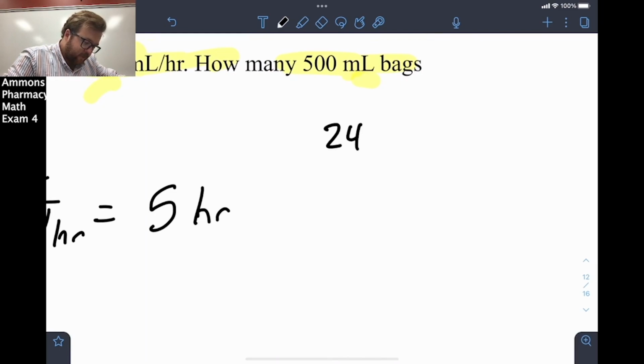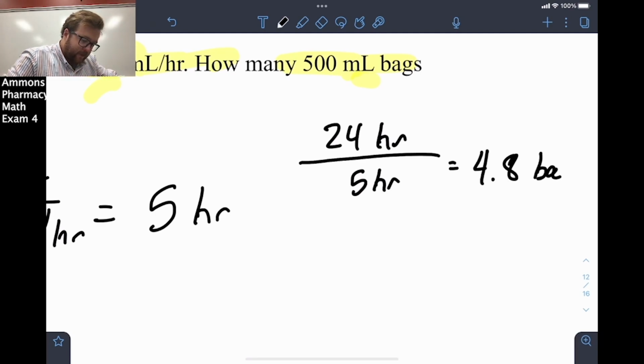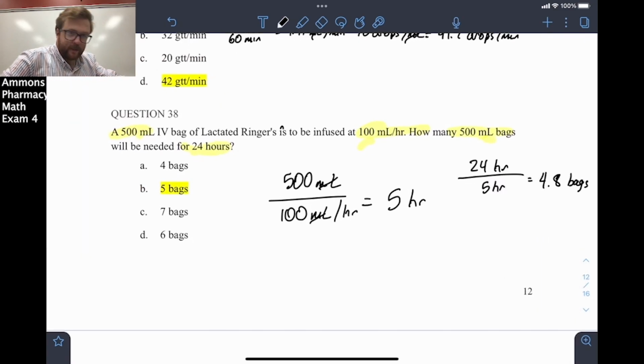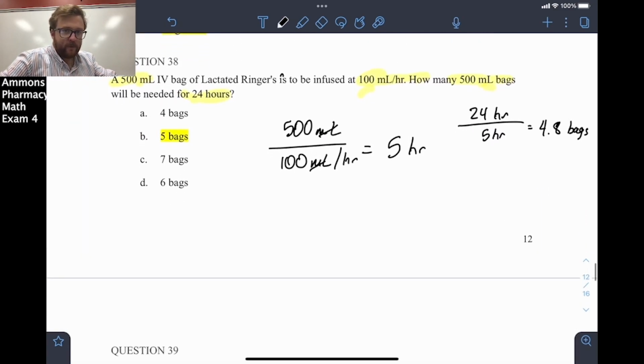So 24 hours divided by 5 hours, because that's how many hours our bags last. 24 divided by 5 is going to need 4.8 bags. Okay, if we rounded that to 4, would we be at an appropriate level? No. We need to round up because we need to have some left over to satisfy it. So that'll be 5.